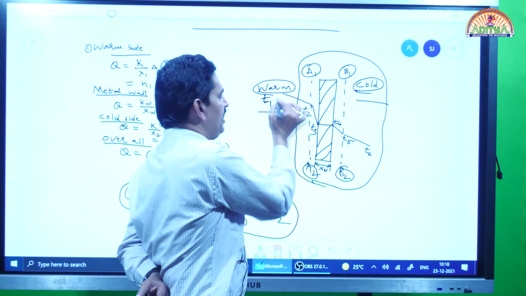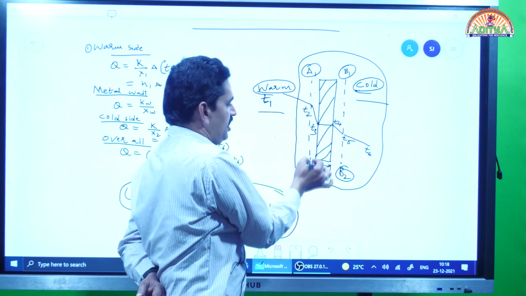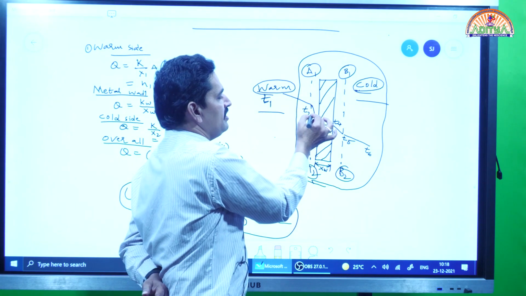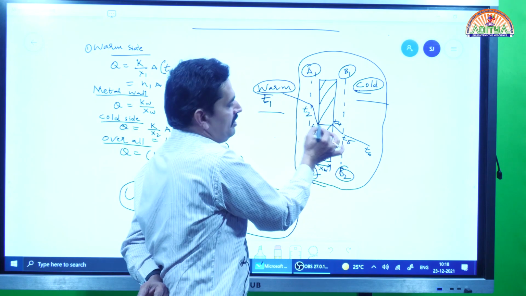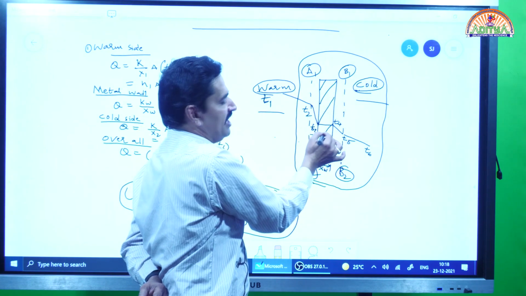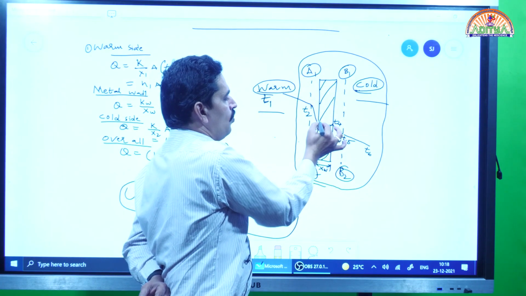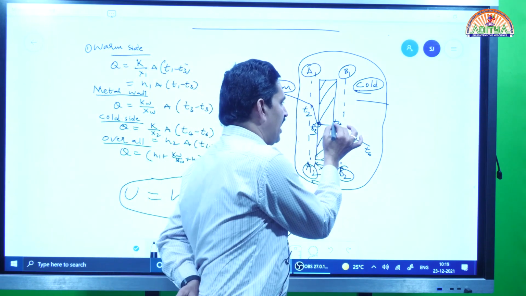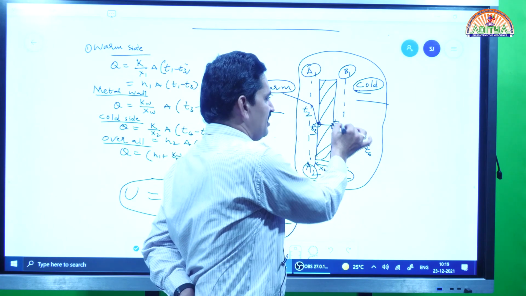With T1 it permeates through the warm water film with T2 temperature, and from this film it permeates through the metallic wall with temperature T3, and it flows from one end of the metal wall to the other end, having temperature T4.